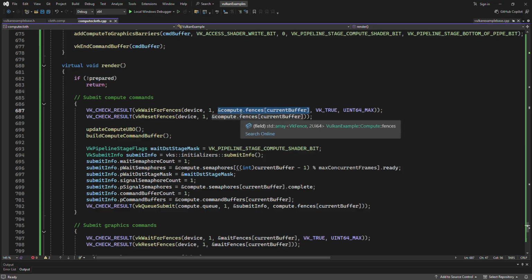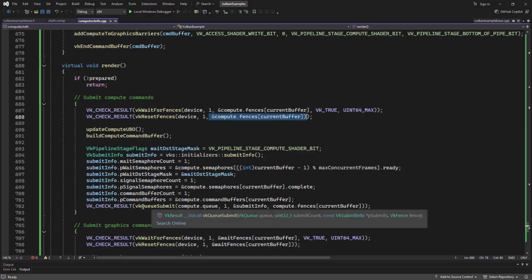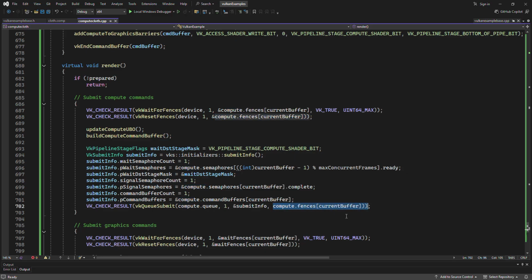The first thing we do is we change the fence back to the unsignaled state, and then we submit it to the compute fence, right? We submit it to the vkQueueSubmit with this in an unsignaled state.